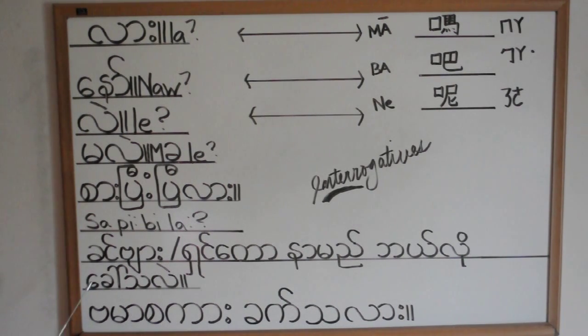So, first of all, the translation is, what is your name? Now, we have Khmer or Shingo. Khmer is for asking a woman. If you're asking a woman what her name is, you have to use Khmer. And if you're asking a man, it's Shingo.